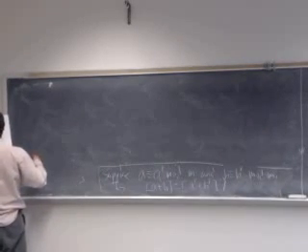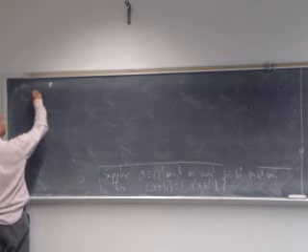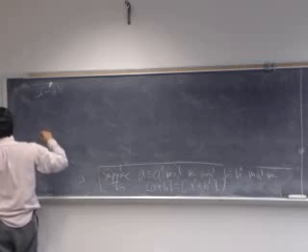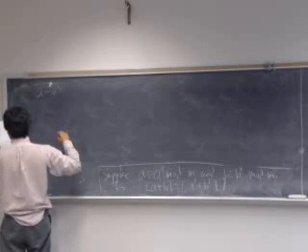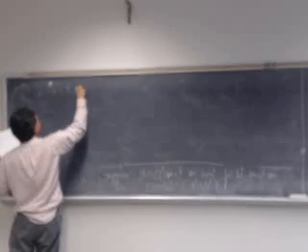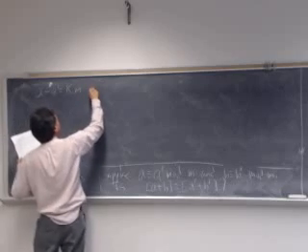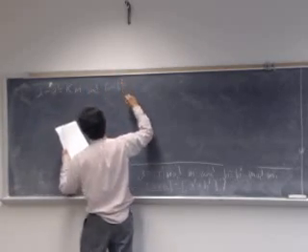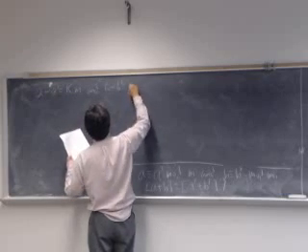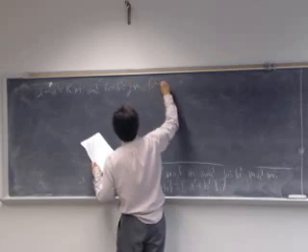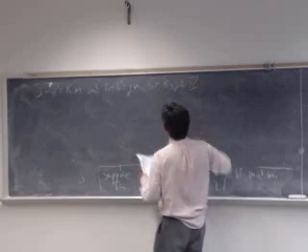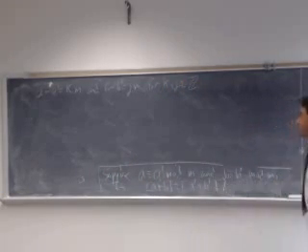So what does that give us? Since they're congruent, we have A minus A prime is equal to some K times M, and B minus B prime is equal to some J times M for integers K and J. That's because of the assumption that they're congruent.